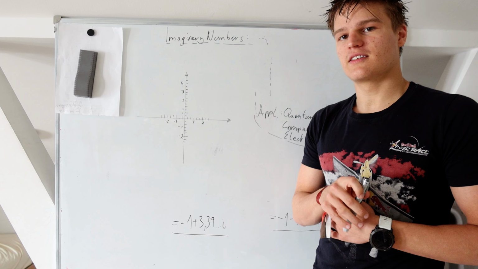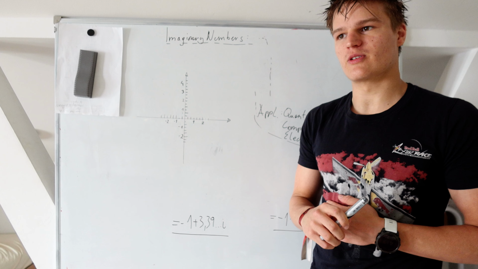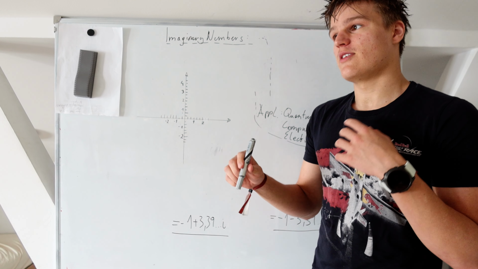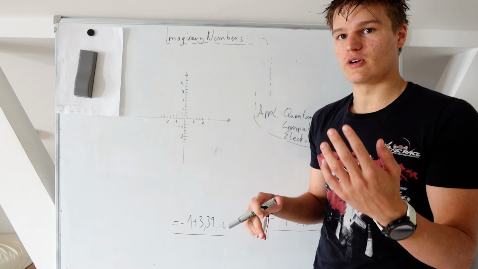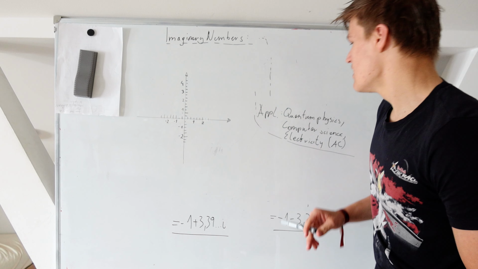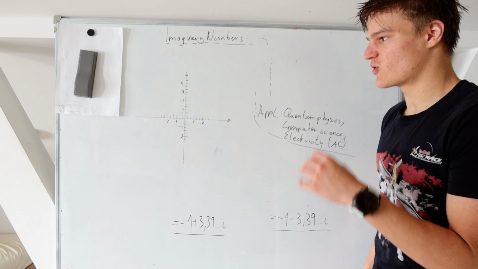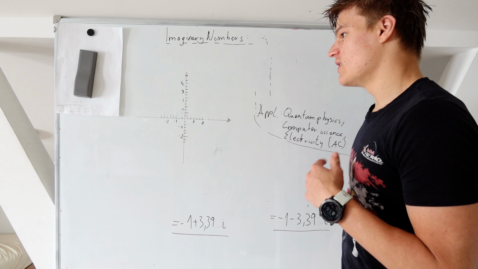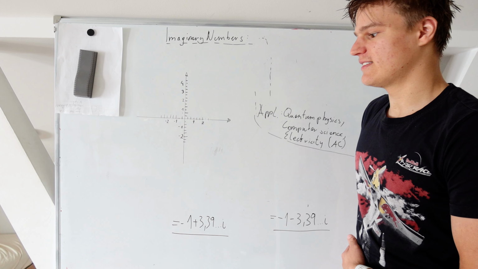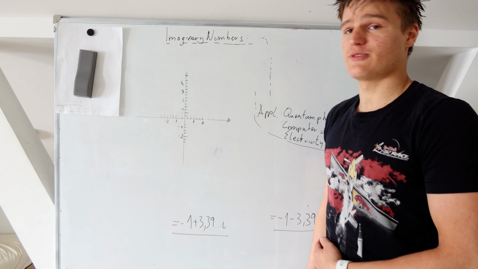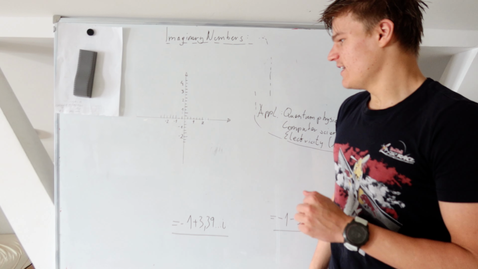But as I said, these numbers are called imaginary, but they're not actually imaginary. They have been discovered rather than invented because of the very important applications where they are being used. So we have to differentiate between an invention and something that was discovered. Okay, that's just on a side note.